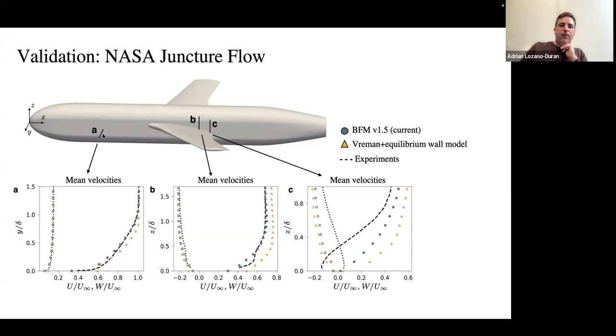So you see that when the flow is attached here, we do very well. Even here, close to the fuselage and the wing, it is also doing an okay job. Then in C is where we have some separation, the trailing-edge separation. Again, what we see is something that we like: we push the solution in the right direction. That's why the circles get closer to the dashed line.